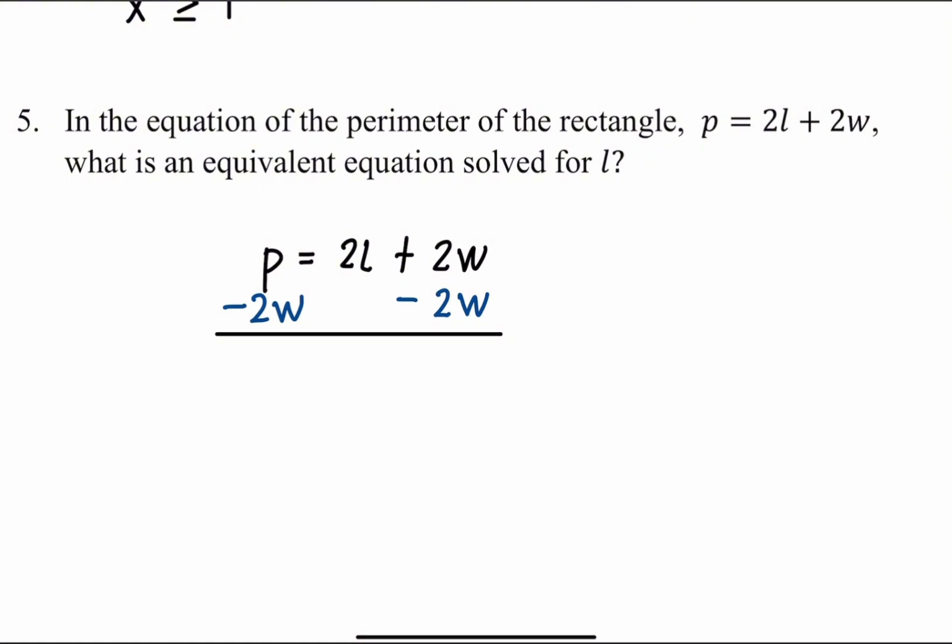Now, 2W minus 2W, this will be cancelled. So bring down 2L. P minus 2W, we cannot subtract it, so we can just write it down here. So now to eliminate 2, we can divide both sides by 2.